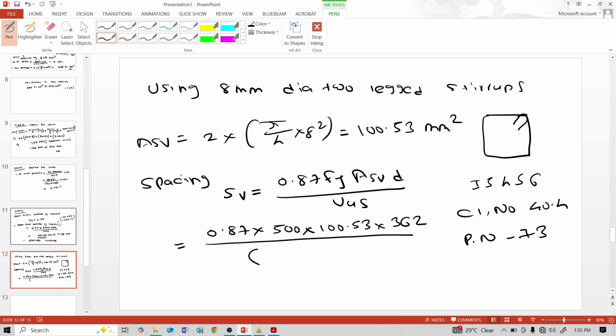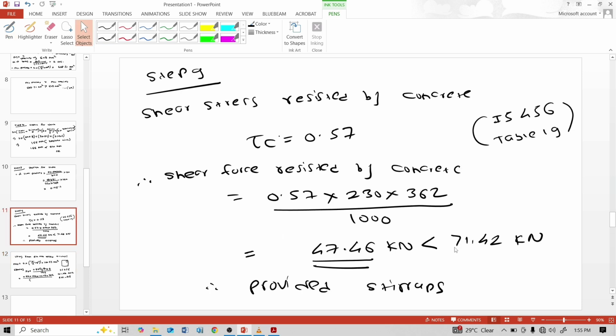Vus is this required 71.42 shear minus shear force resisted by concrete 47.46.